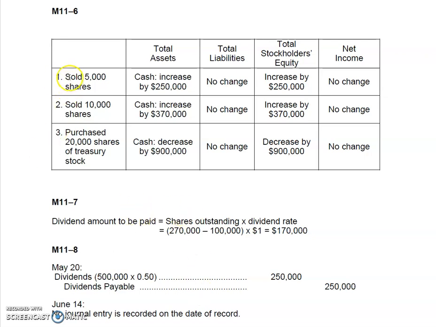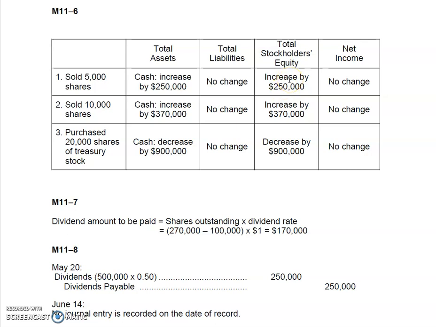So the first transaction, we sold 5,000 shares for $50 each. So that brought in cash of $250,000, a $250,000 increase in total assets, and a $250,000 increase in total stockholders' equity.